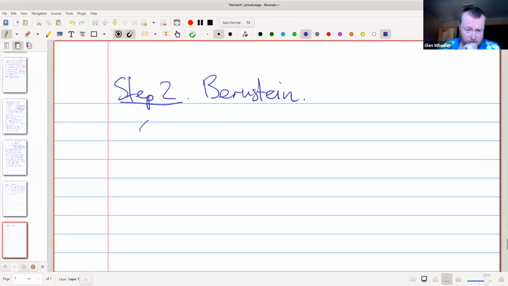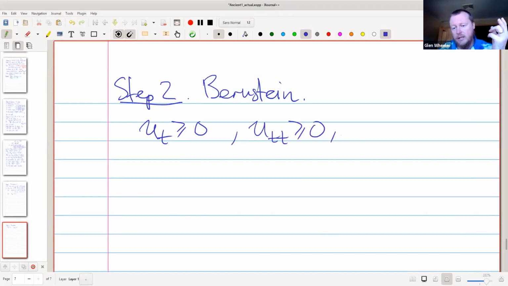Okay, so since we showed that u_t is greater than or equal to 0, if you think about the hypotheses that we used, we can actually take our PDE, which is the heat equation, differentiate that in time, and apply the same argument to u_t, which will show that u_tt is greater than or equal to 0. And we can keep going forever. And so we actually just get that all the time derivatives of u are non-negative.